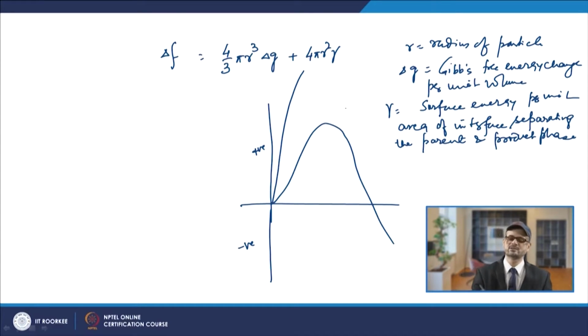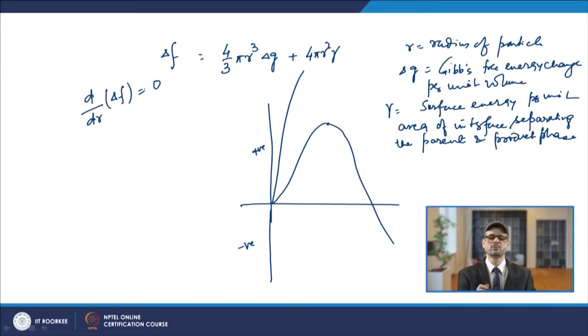So, this is 4 by 3 pi r cube delta g plus 4 pi r square gamma. This is the point from where it starts decreasing. For getting this value of r, we take d by dr of delta f and equate it to 0. This is r and this is delta f.